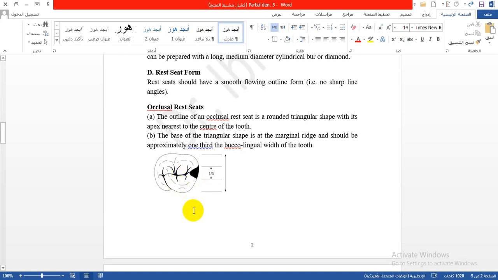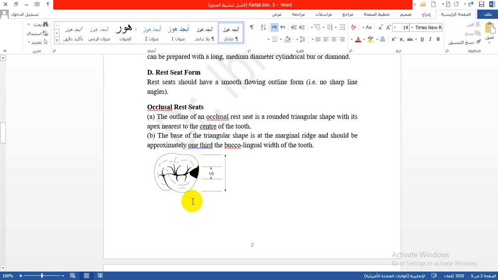Occlusal rest seat. A. The outline of the occlusal rest seat is a rounded triangular shape with its apex directed to the center of the tooth.